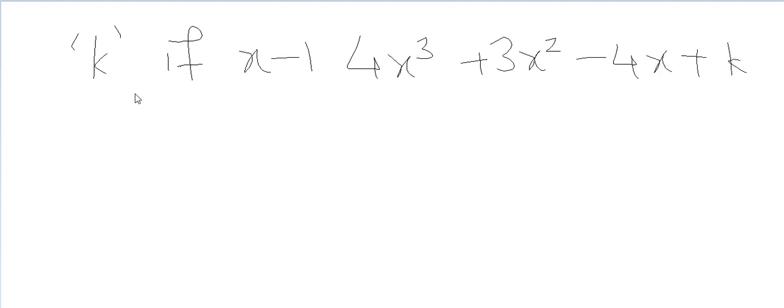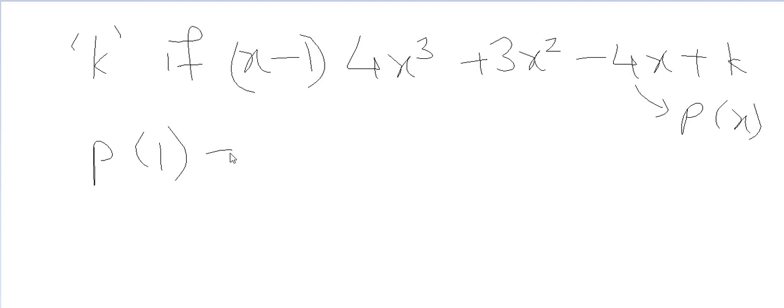We have to find k, and we have been given that x minus 1 is a factor of this polynomial. So let this polynomial be equal to p(x). By the factor theorem, we can say that p(1) would be equal to 0.